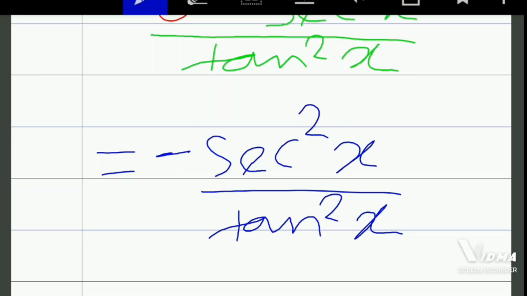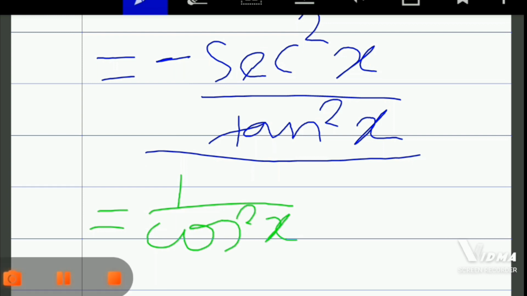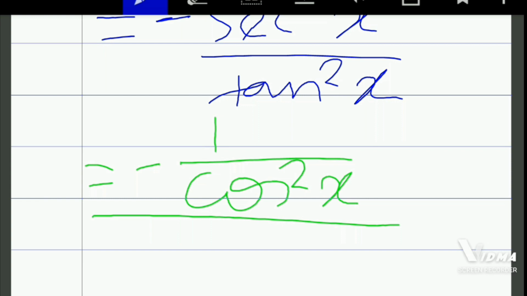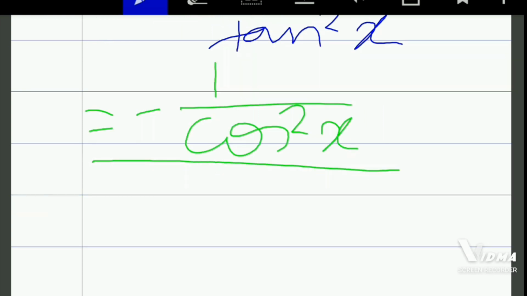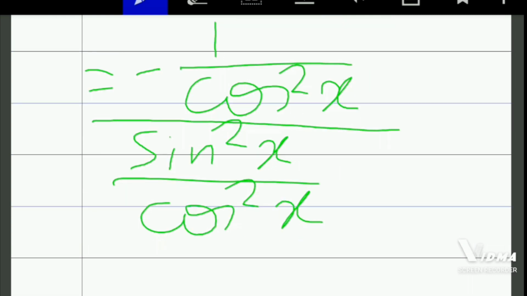Now this can be rearranged. That would be sec square x could be 1 by cos square x, and tan square x would be sin square x by cos square x. Now this cos square x and cos square x will be cancelled.